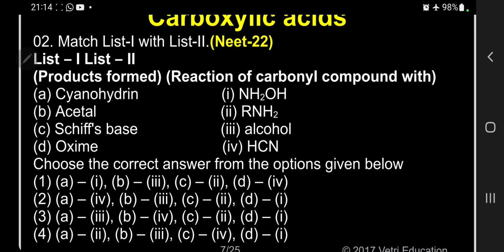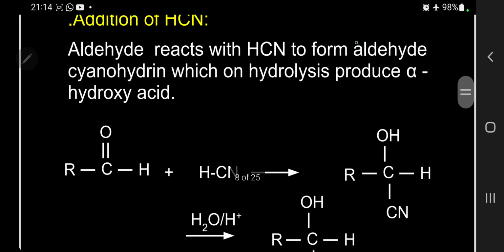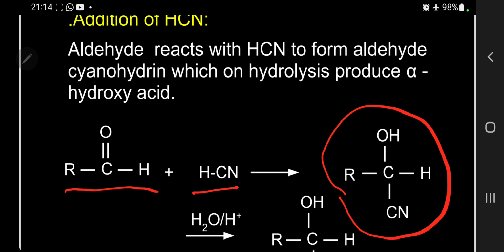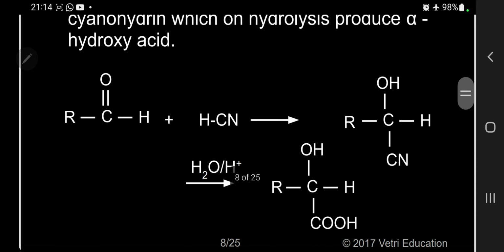So, to give a clear idea, let me take a specific example and I will explain. For example, in the case of aldehyde, any carbonyl compound, this is aldehyde, treated with HCN gives the corresponding cyanohydrin. On hydrolysis, it gives the corresponding alpha hydroxy acid.